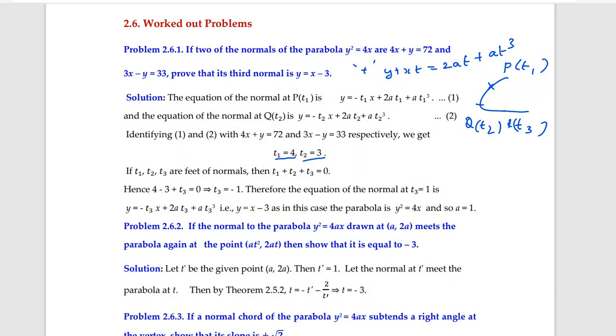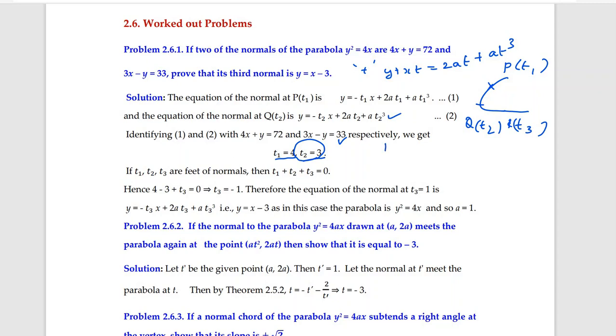Therefore the equation of the normal at t3: we know already the equation of the normal at t3, so we have this, and in that we are going to just replace our t3. In this we shall identify this one and this. So when we identify that, what do we get?